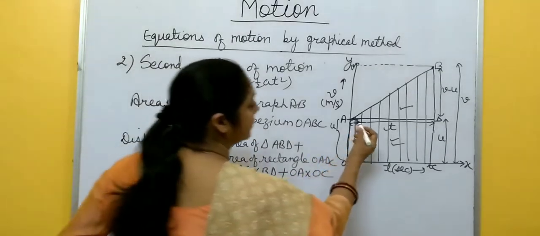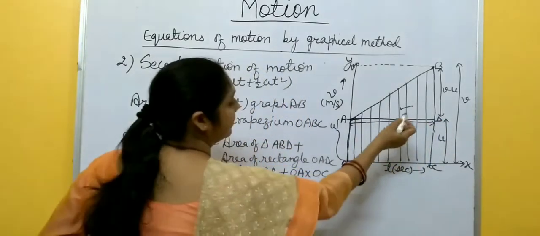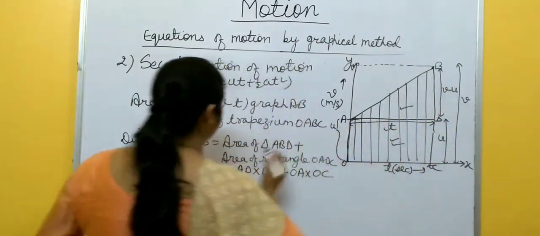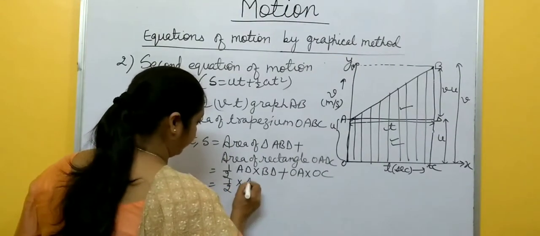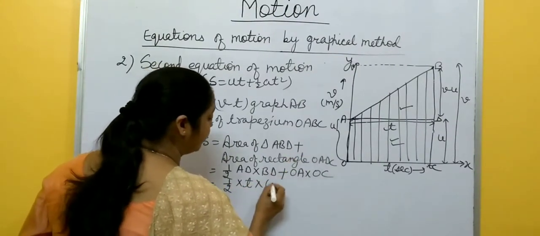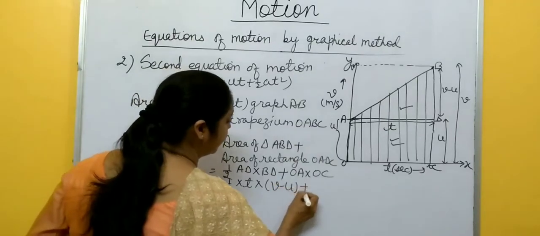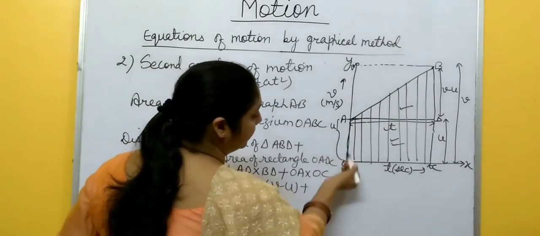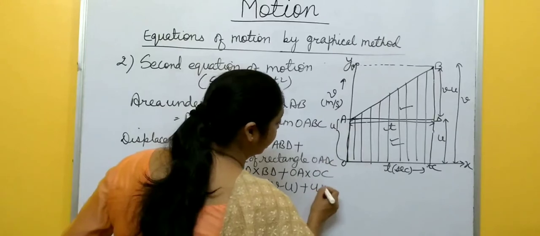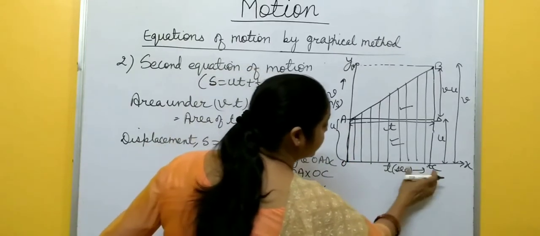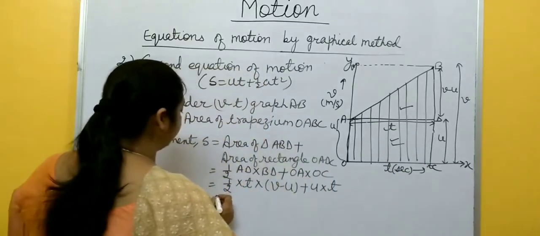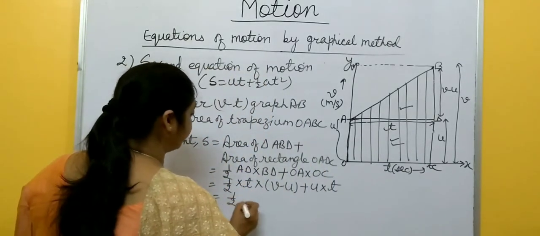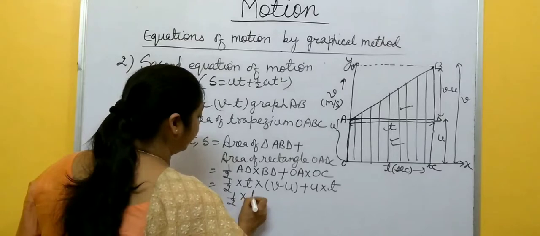What is AD here? AD is time and BD is v minus u. So half AD is t into BD is v minus u, plus OA. OA is what? u into OC. OC is what? t, time. Right? This becomes half into t.